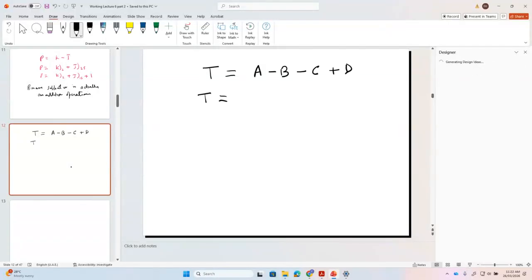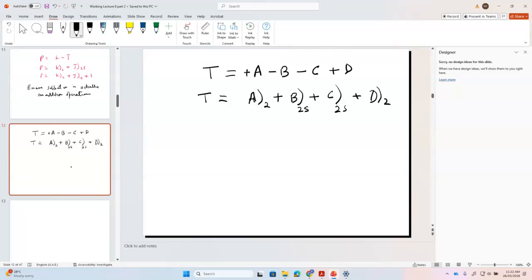We compute t as a, because a is positive, so the binary of a, plus the 2's complement of b, because it's negative, plus the 2's complement of c, and then the binary of d. Binary. You got it or not? I hope I answered your question. Okay, I got it. Thank you.